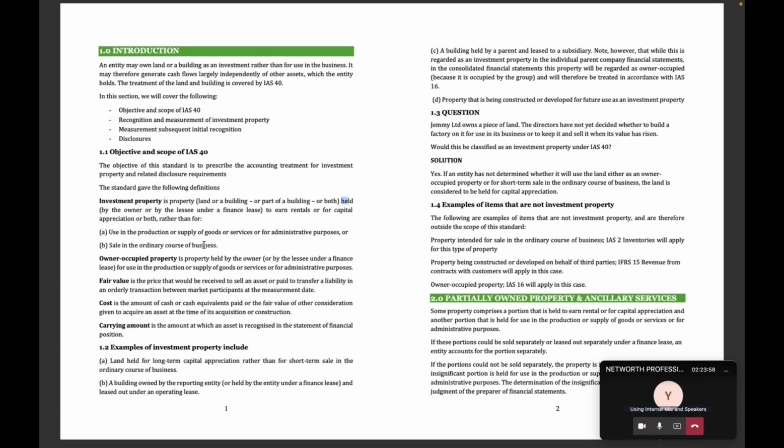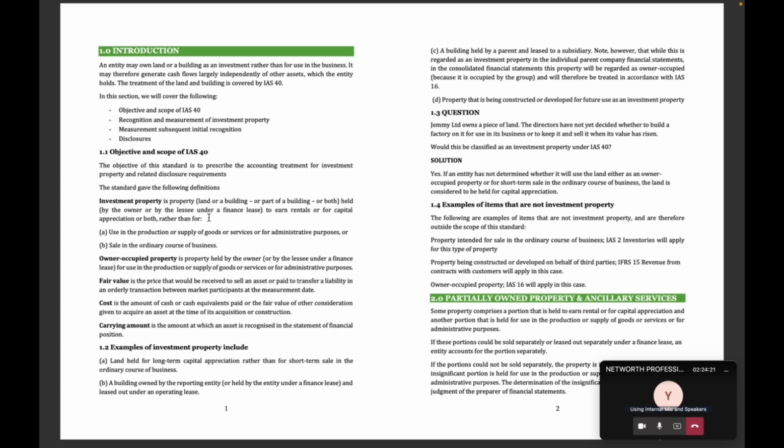If you have a land, for example, and you just have it there, you are not using it for anything, it's just there. In your books, that kind of land, you cannot have it as PPE. It will be an investment property because you are holding it majorly for capital appreciation.